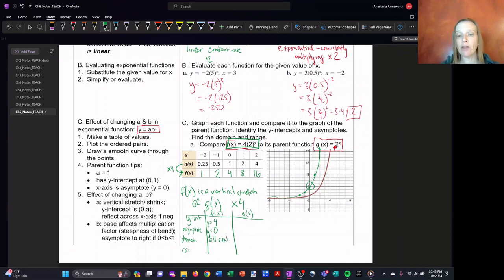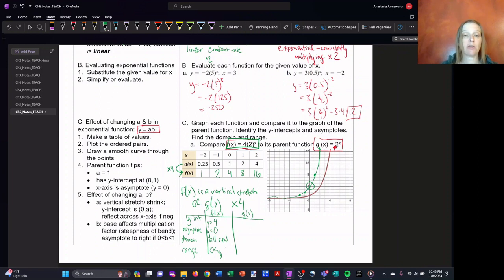My range, on the other hand, it's not possible to have all numbers. If you look, my graph starts near zero, but never actually touches zero. So y can't actually be zero. y needs to be greater than zero. And then y can get bigger and bigger on up forever, up to infinity.